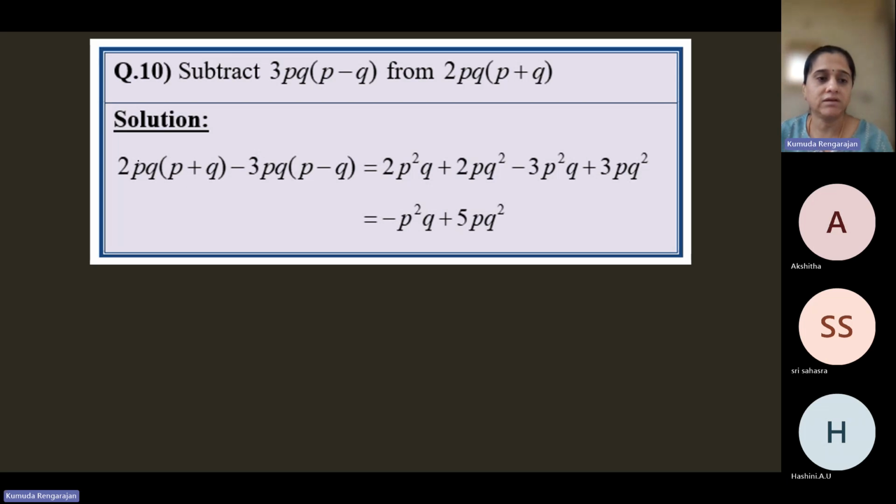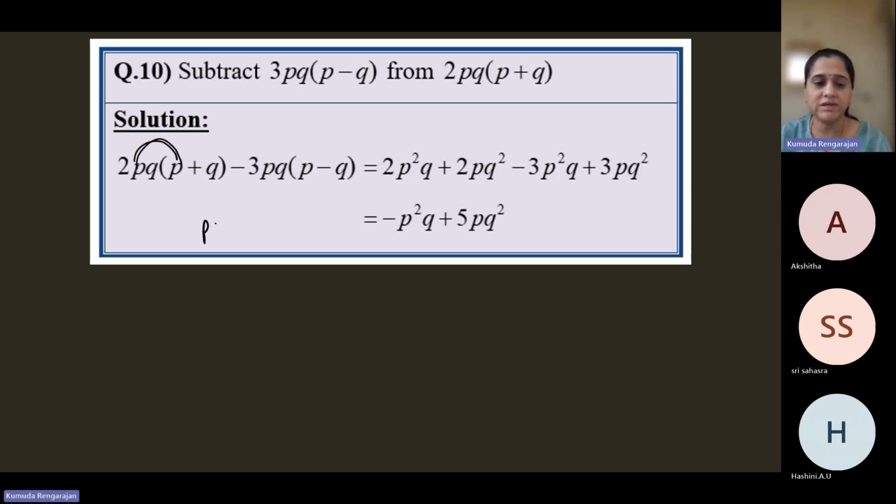So when you multiply these two terms, see which one to write first. Whatever comes after 'from' should be written first. Correct? And then this expression. The connecting sign is minus because it's subtract. Okay, so now 2pq into p. Here we'll have to multiply p and p. What is p into p?